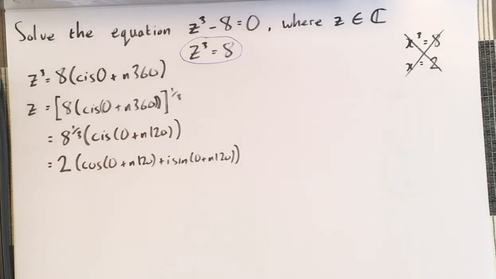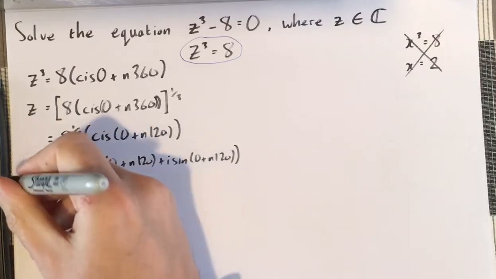Since it's z to the power of 3, I'm going to have 3 solutions here. The first solution I'm going to get by subbing 0 in for n.